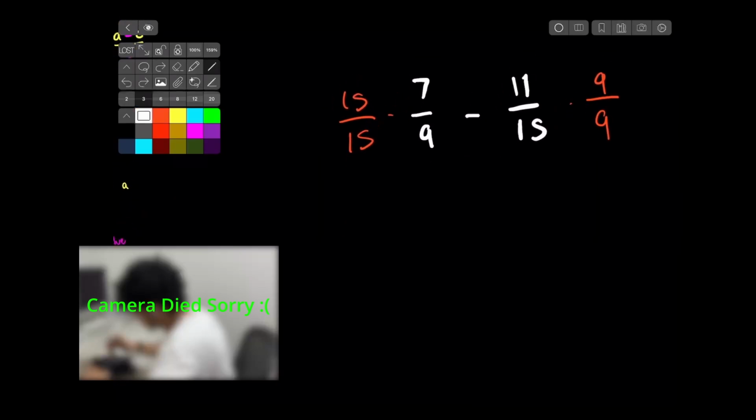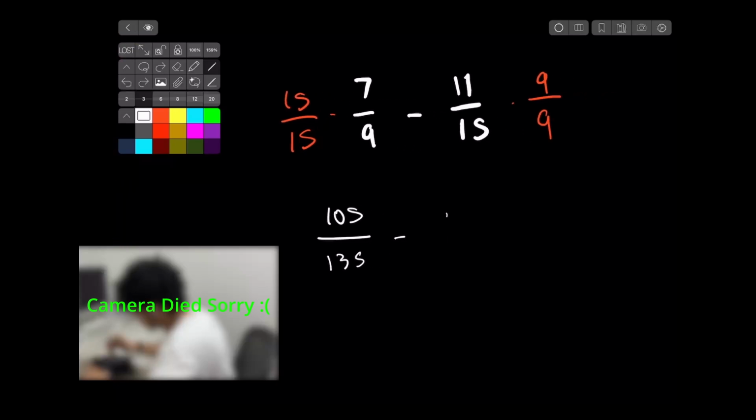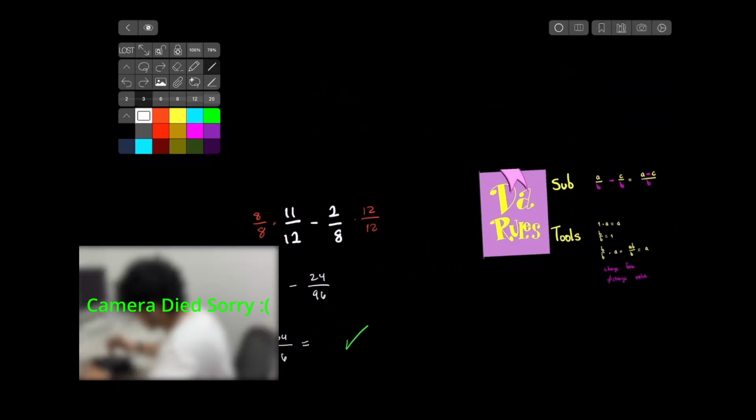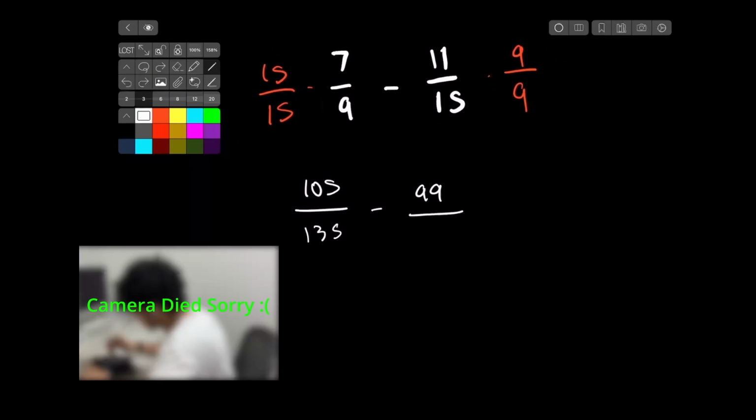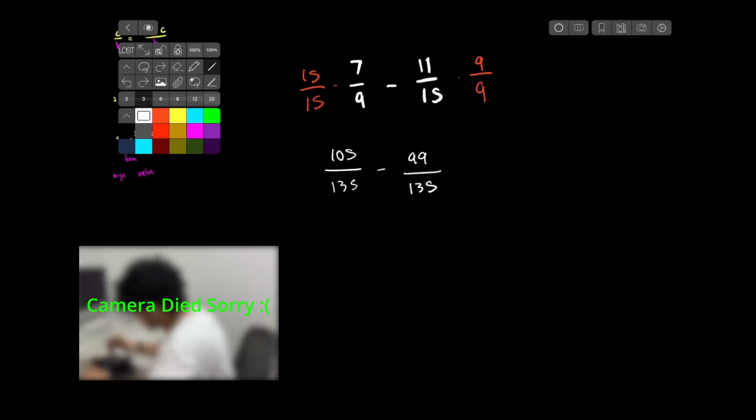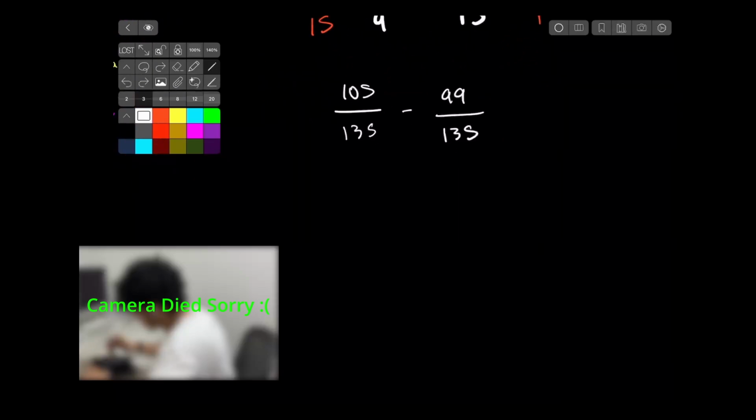Well, 15 times 7, that's 105. 15 times 9, that is 135. 11 times 9 is 99, so 135 minus 99 over 135. Now this is going to become 105 minus 99, which is 6 over 135. See if you can simplify this at home.